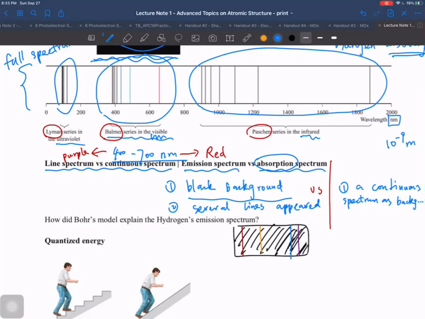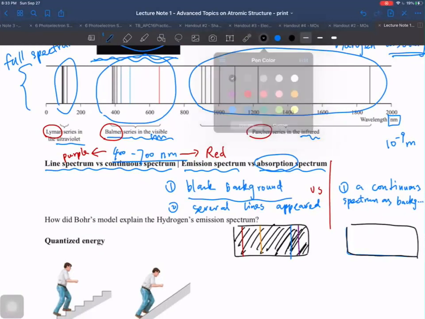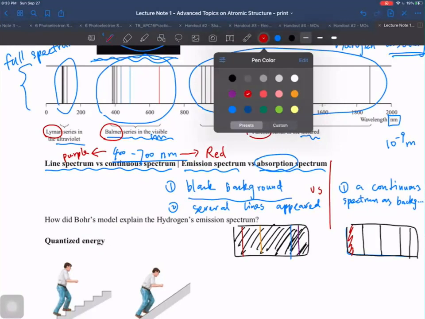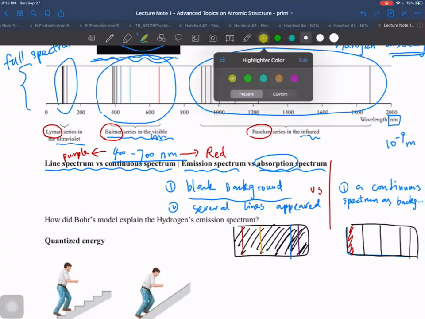And then for the absorption spectrum, it's slightly harder to draw because it's not easy for me to show the full spectrum. What I can do is draw a few lines, which means those lines are absorbed. Is this one better?